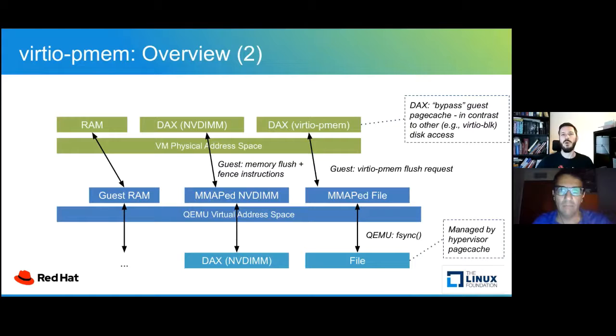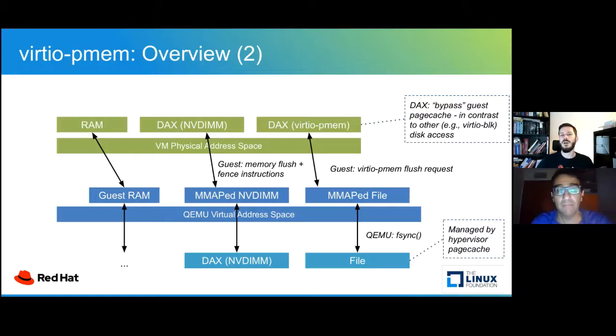So instead, we really have to intercept any kinds of flushes to QEMU, and in QEMU, we have to go ahead and do an fsync, and only after the fsync happened, we can be sure that it's actually persistent. And this is very important in case our virtual machine would crash, because if stuff would not be persistent on something that's supposed to be persistent memory, then we're in trouble.